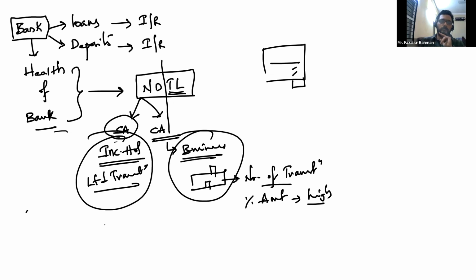For example, the interest rate on savings will be very, very less when compared to a current account, whose deposited amount and transaction amount will be very huge. The interest you get in a current account is always higher when compared to a savings account.